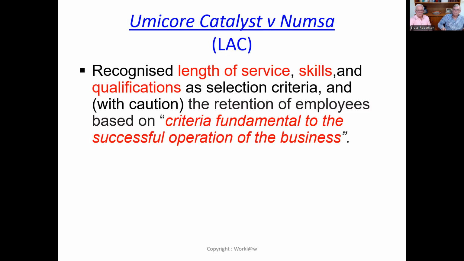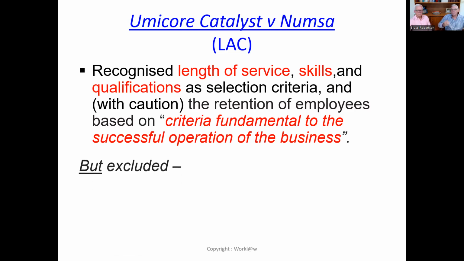It does mention skills, it does mention qualifications, and then with caution, it goes on to say you can retain employees based on criteria fundamental to the successful operation of the business. That's what's often called scarce skills, I think. Yeah. And I've seen that written into retrenchment criteria, scarce skills. So this certainly opens the door to something far wider than LIFO.